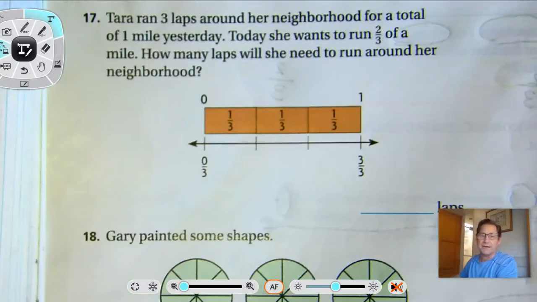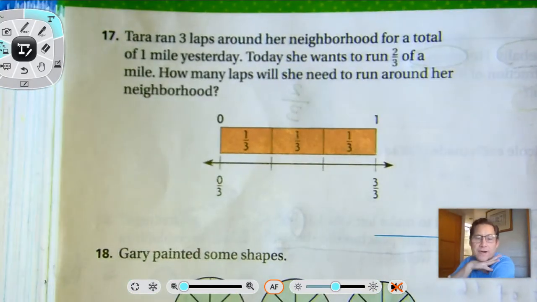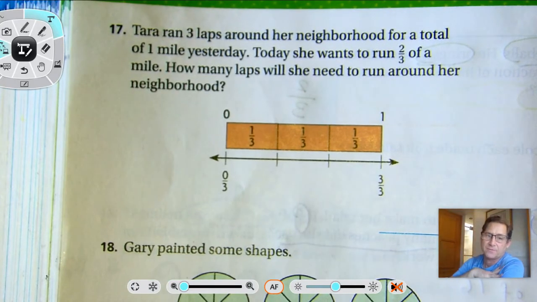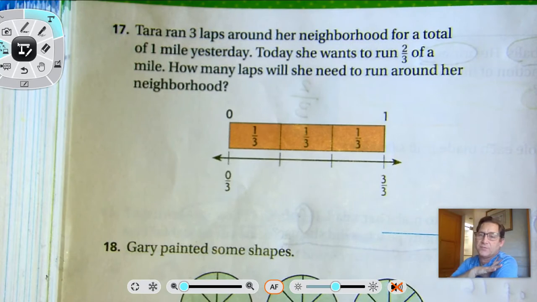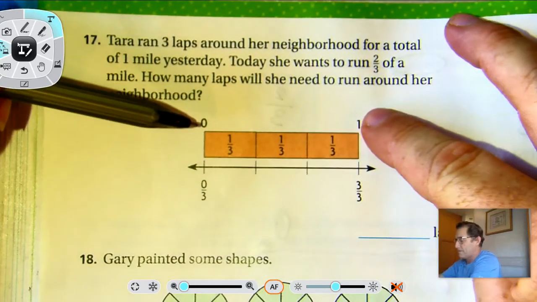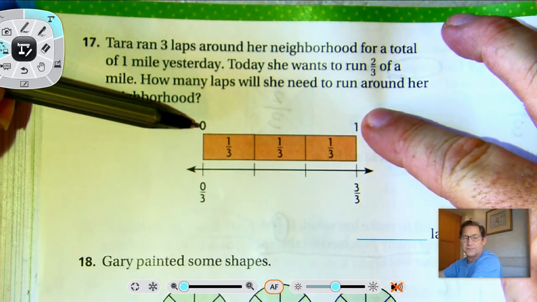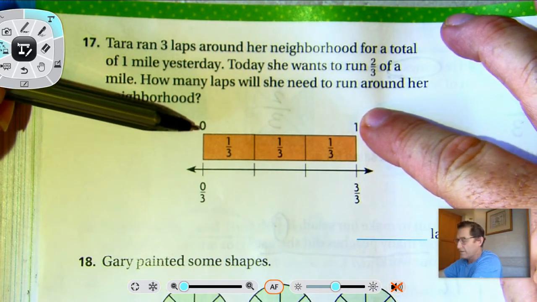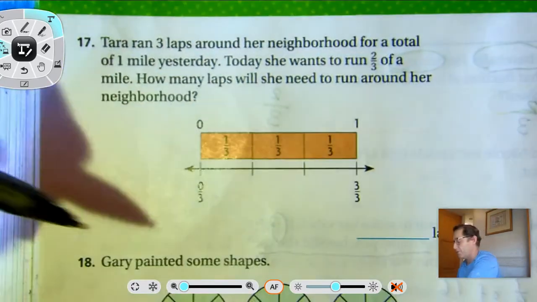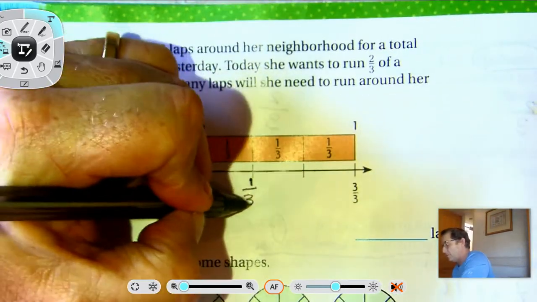Tara ran 3 laps around her neighborhood for a total of 1 mile yesterday. Today she wants to run 2/3 of a mile. How many laps will she need to run around her neighborhood? All right, so again, we see that a mile here on this number line is broken into 3 equal parts, 1/3 of a mile.